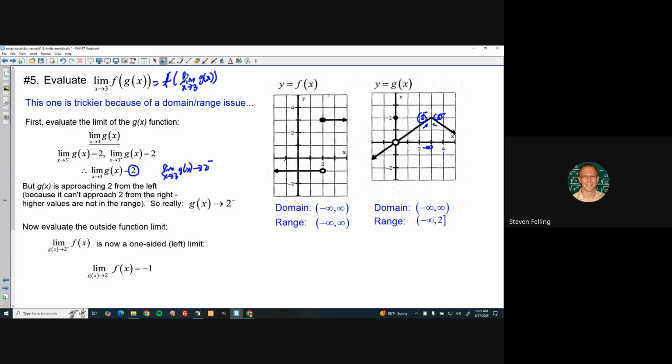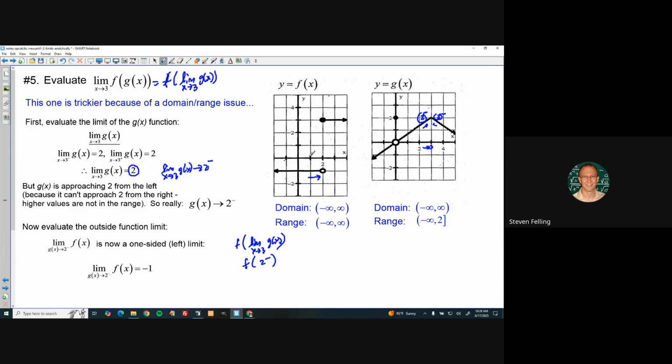Now, we're going to have to plug that into f of x, right? But we shouldn't just plug the 2 in, because the f of x function also has something weird going on right near this value 2. It has a different value on the left and the right. So if I take f of the limit as x approaches 3 of g of x, and this result is a 2, but being approached from lower values, that would specifically be this number, right?